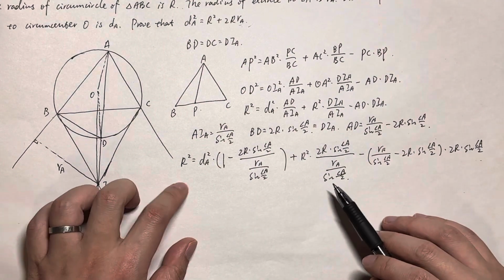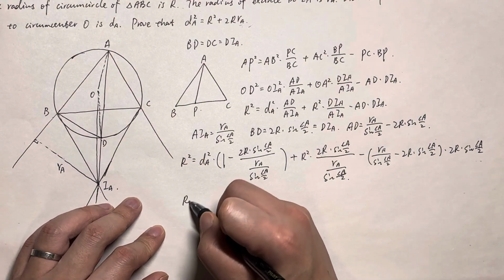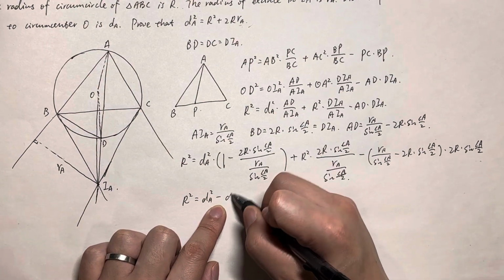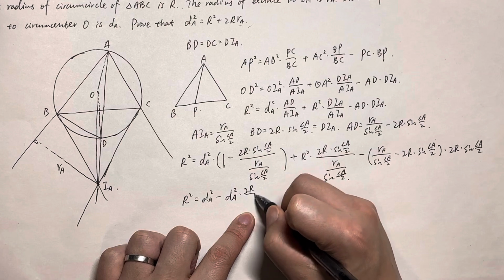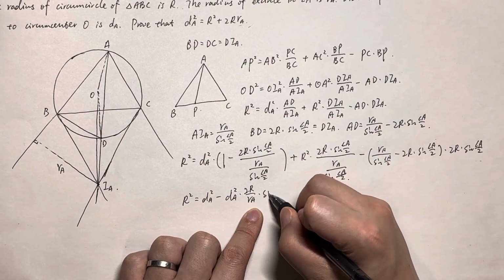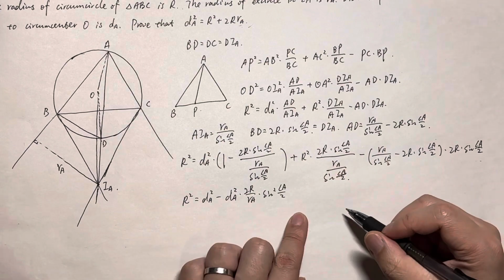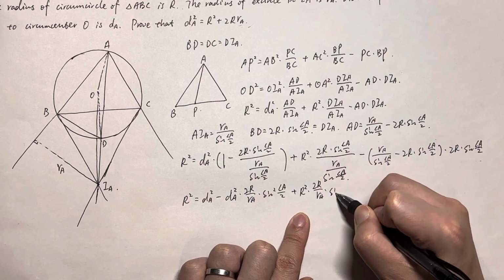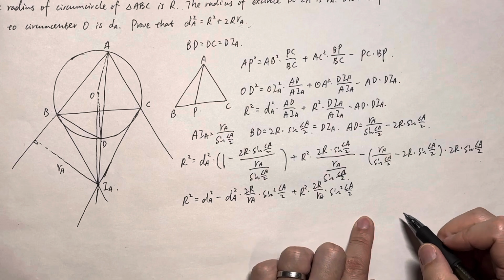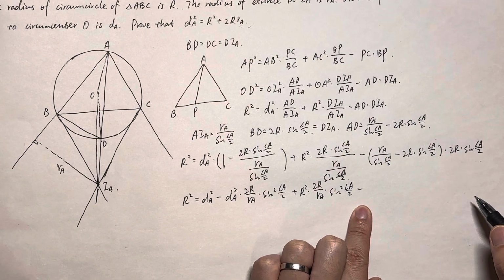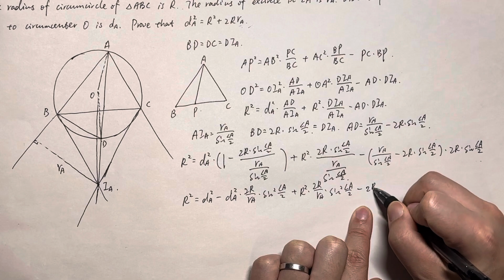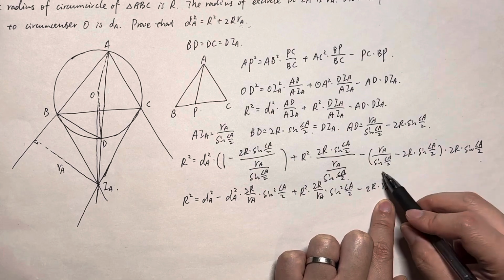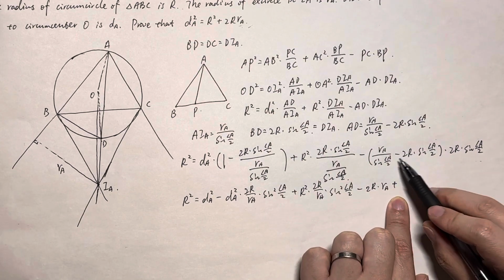Now let's simplify this. We have R squared equals dA squared minus dA squared times 2R over RA times sine squared of A by 2, plus R squared times 2R over RA times sine squared of A by 2, minus 2R times RA, and plus 4R squared.